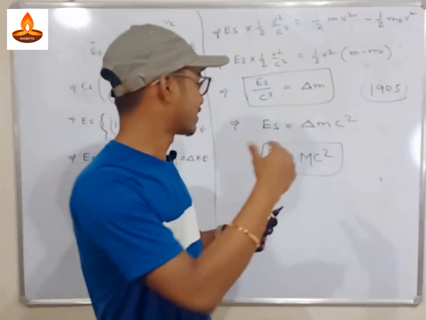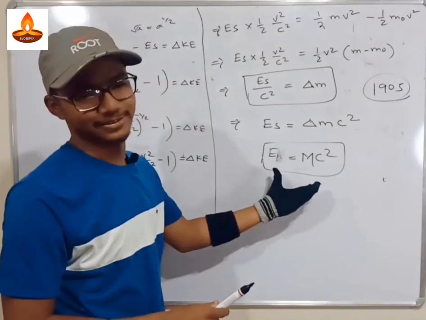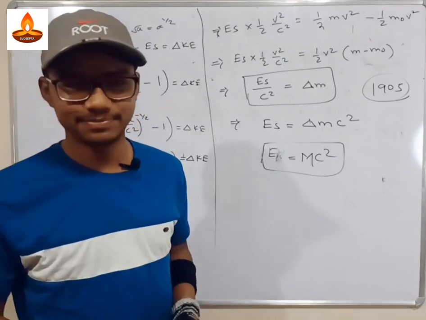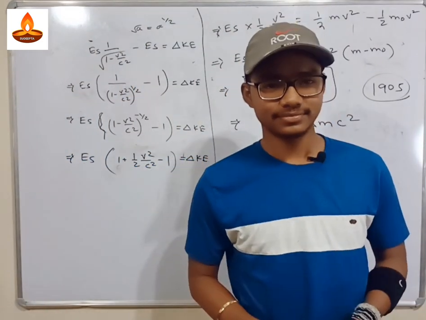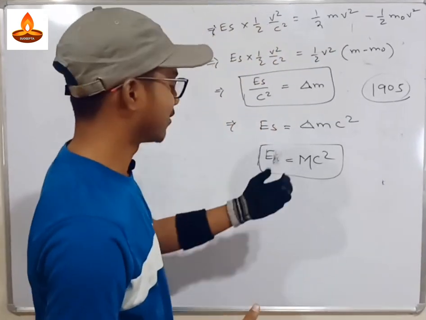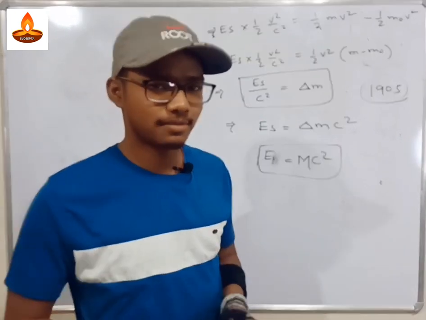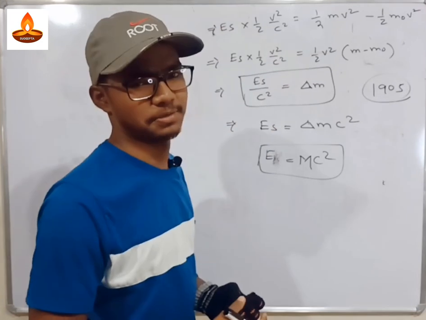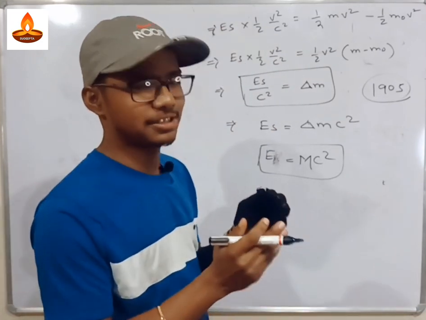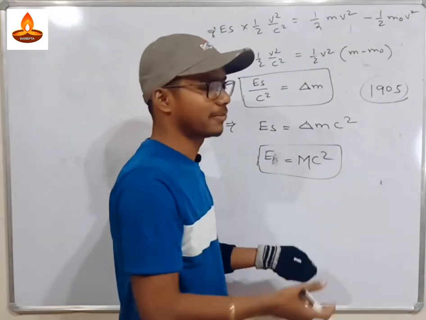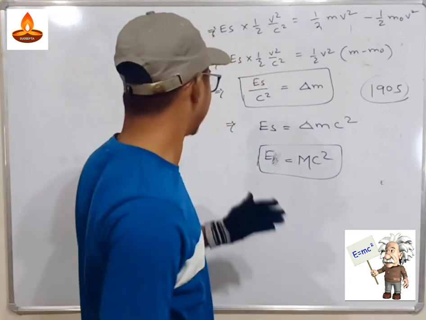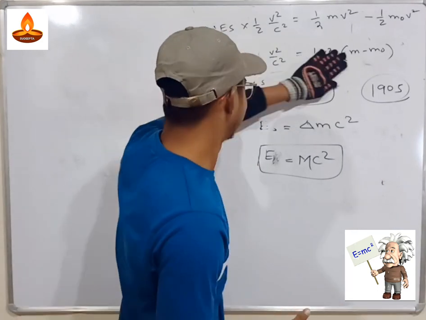What is the application of this equation? Look at the derivation. Did you feel the energy? The equation is E is equal to mc square. Now it's time to know the applications. Application is a very big point here, because we are focusing on this point.